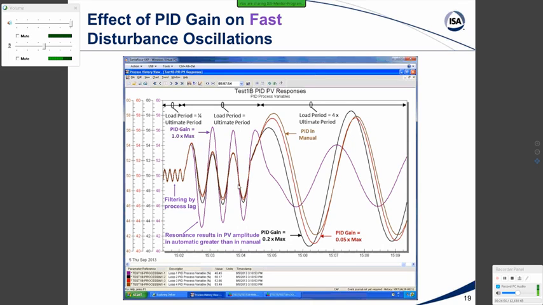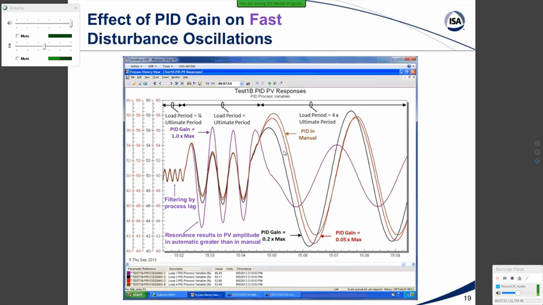Then we see that if the oscillation period gets close to the ultimate period, more control action actually causes amplification. If we're using what would normally be tuned as a good aggressive gain, we get quite a bit of amplification.